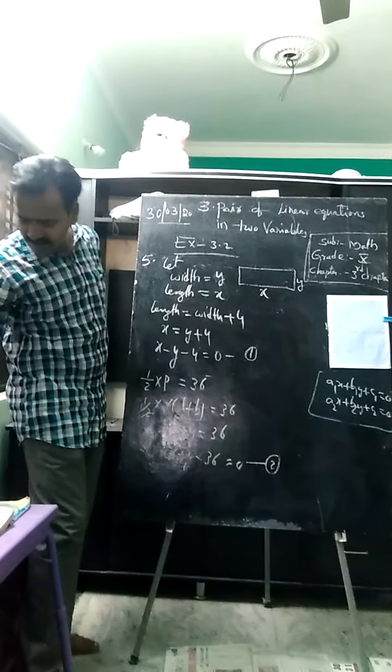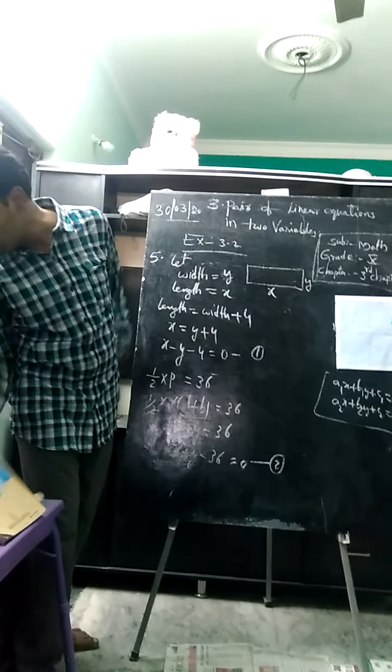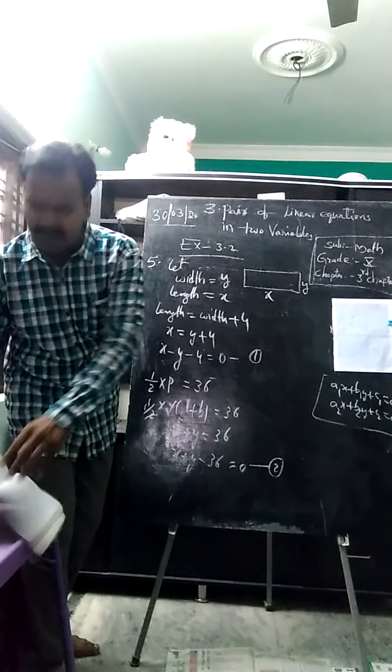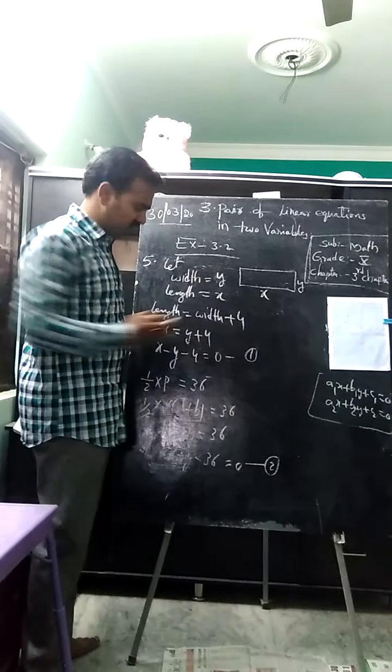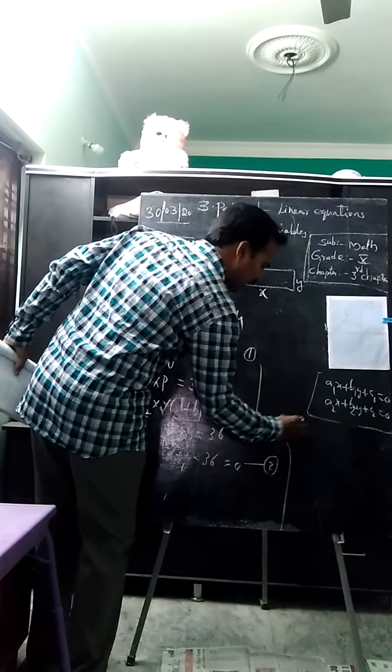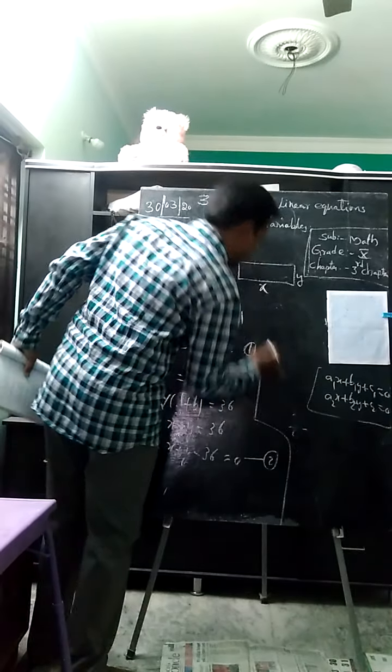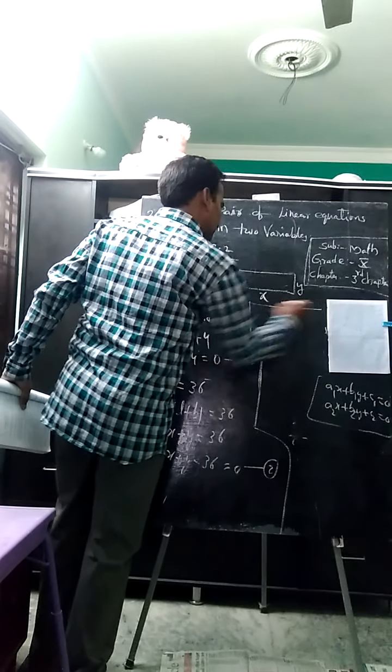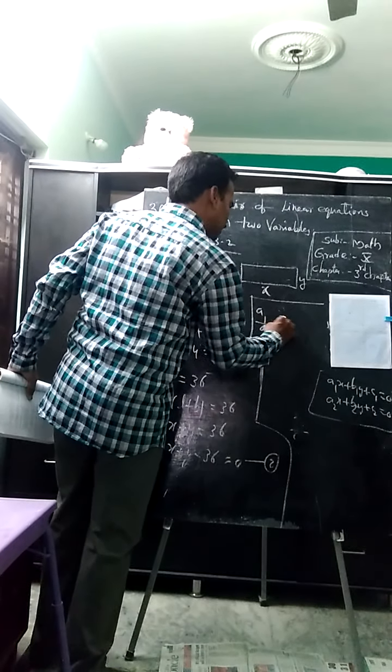Check whether they have a unique solution, infinitely many solutions, or no solution. Standard form we wrote. So check what a1 by a2 is.